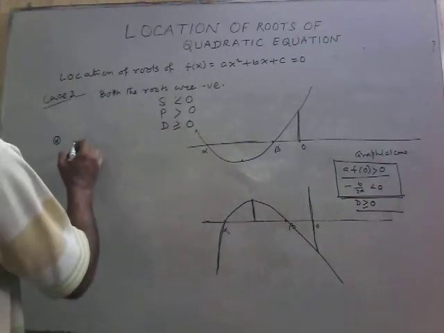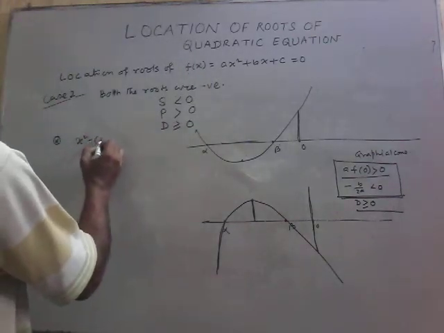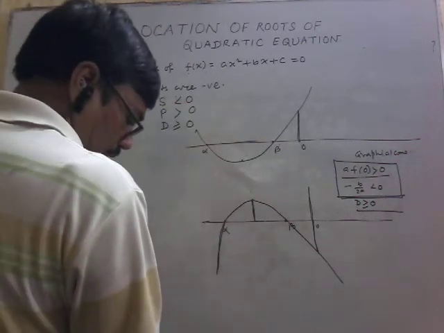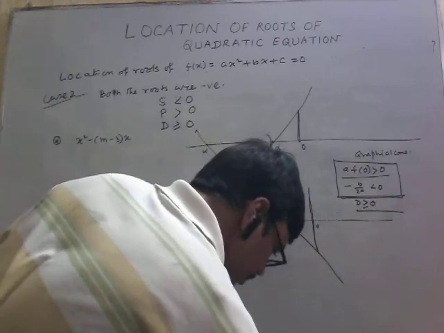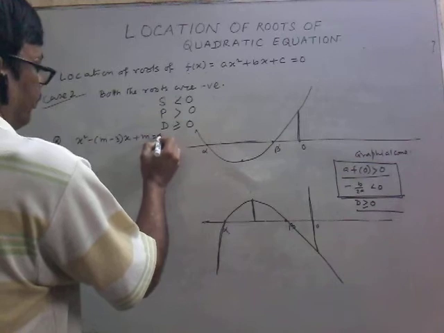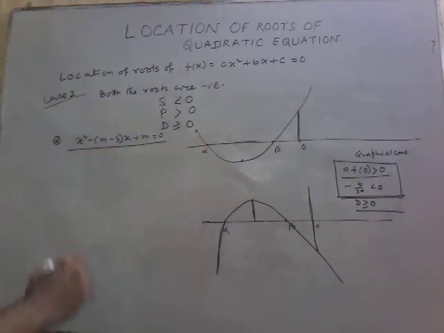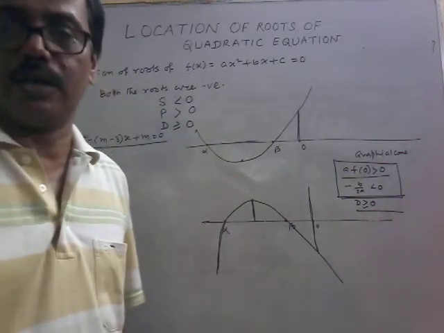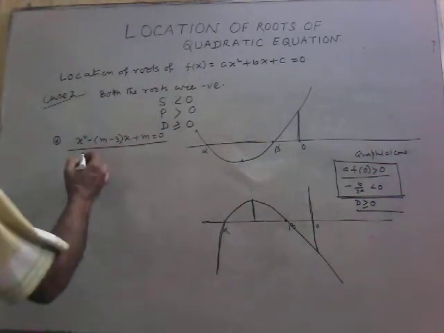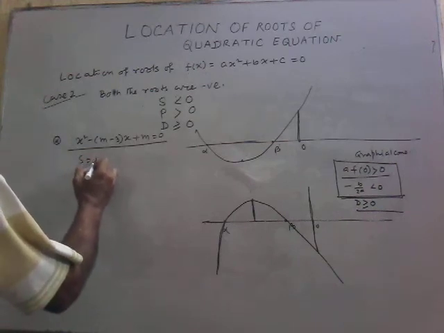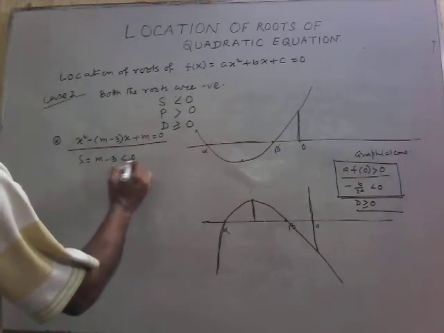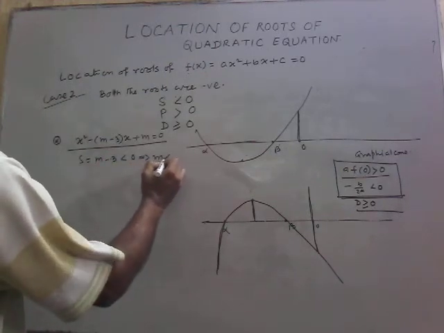x square minus (m minus 3) into x, same problem, plus m equals to 0. So both roots are negative. So s equals to m minus 3 less than 0 implies m less than 3.